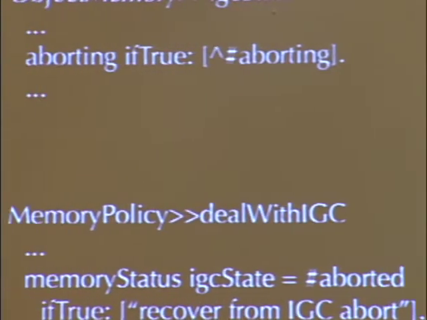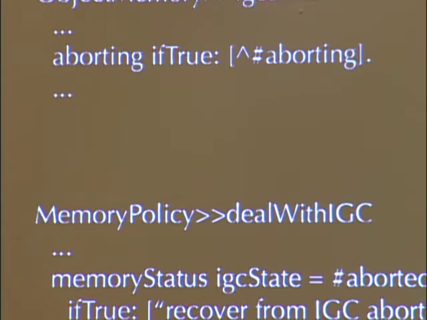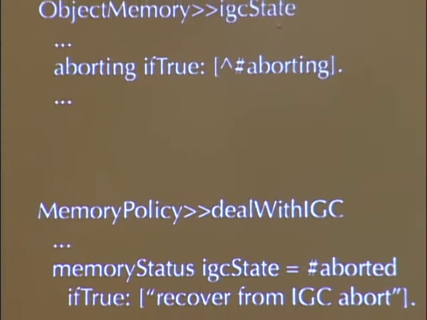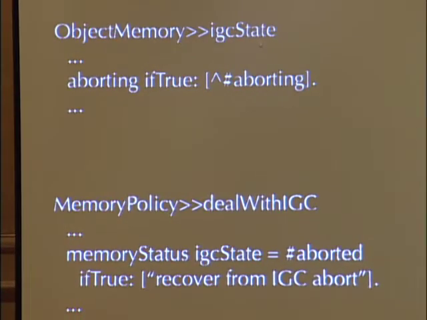And the object memory can tell you which state the IGC is in. So if I'm aborting, I'm going to answer the symbol aborting. And the memory policy has some code that dealt with the IGC and made it move forward. And in particular, when it's aborting, it needs to continue the abort until the abort is done.